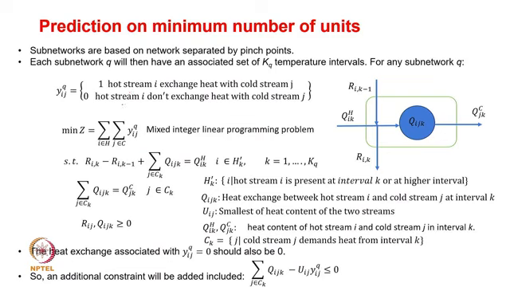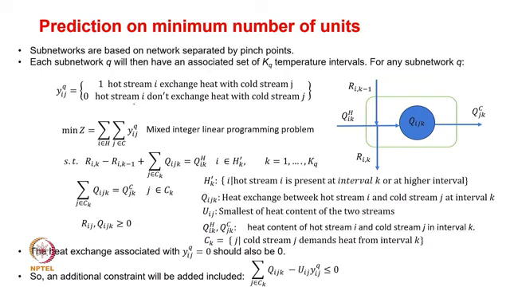If it doesn't, there is no connection, no unit involved. And when we sum all such cases, the summation of y_ij, if there are zeros, they won't come into the picture. If there are ones, they will just be added up.